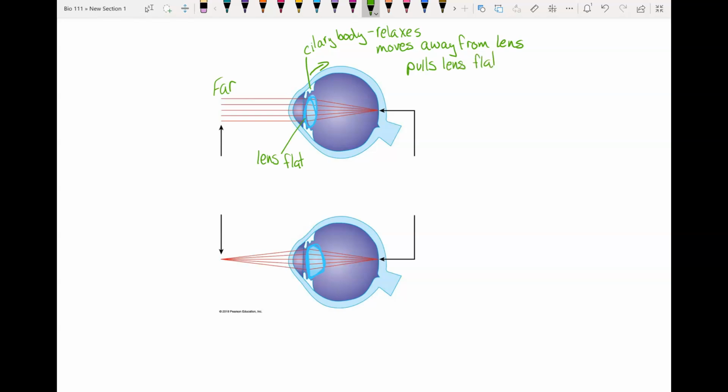And I know this is kind of counterintuitive. You don't think about muscles pulling it when they're relaxing, but that's what happens in the eye. Then when you look at something near, that ciliary body contracts.